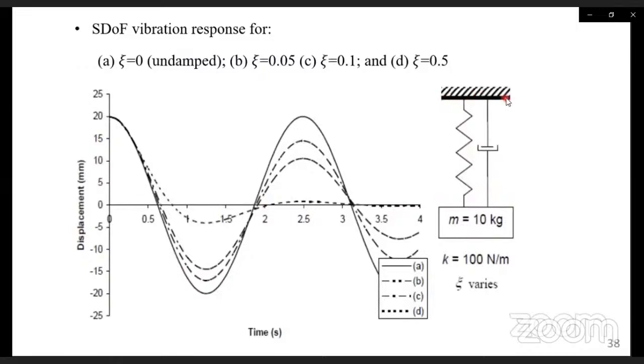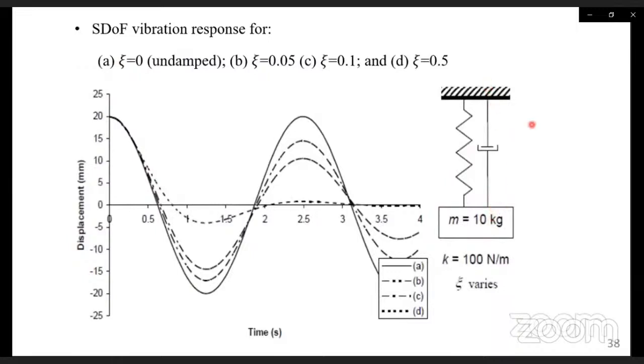So this is a system that is shown. We have a mass of 10 kilograms suspended using a spring, and there is damping. Because we are talking of viscous damping, this damping could occur as a result of the inherent characteristic of the material, the friction within the material of the spring, apart from the stiffness, could bring about the damping.